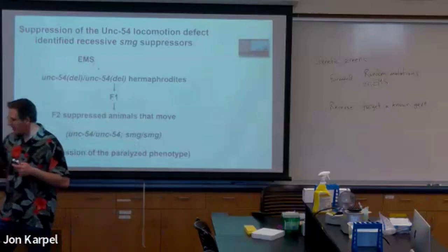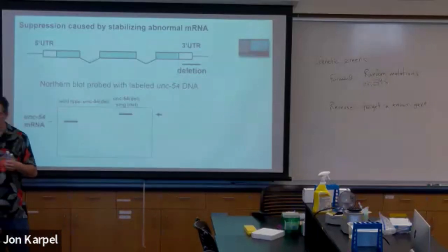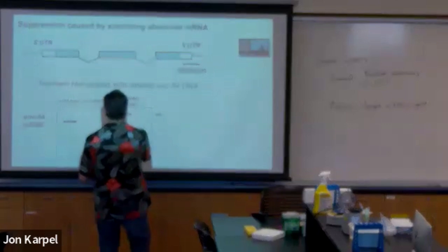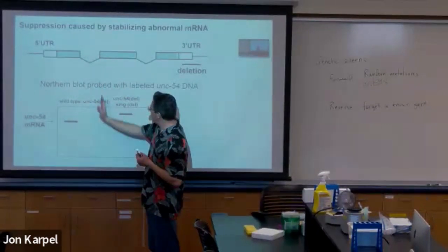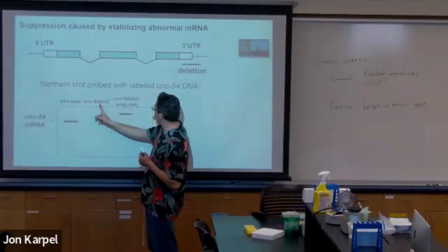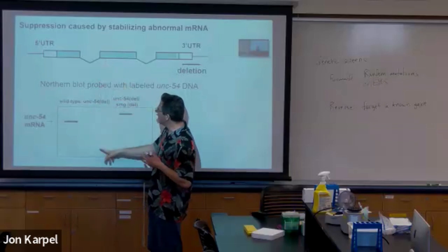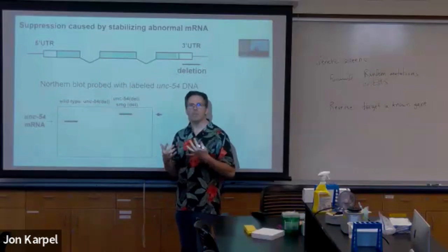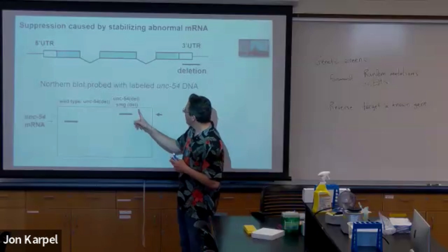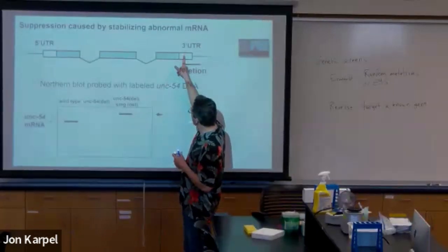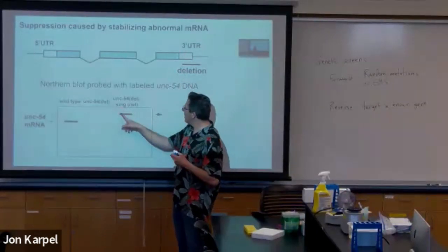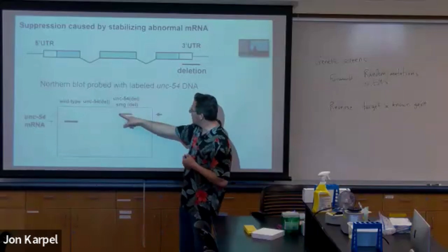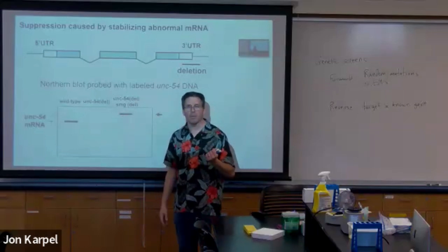So what did they find? Well, in looking at the RNAs, it didn't suppress the deletion. I'm sorry, the nonsense mutation. We wouldn't see any particular mRNA from that. But they found that with the deletion of the 3' end you could actually see mRNA produced from that.